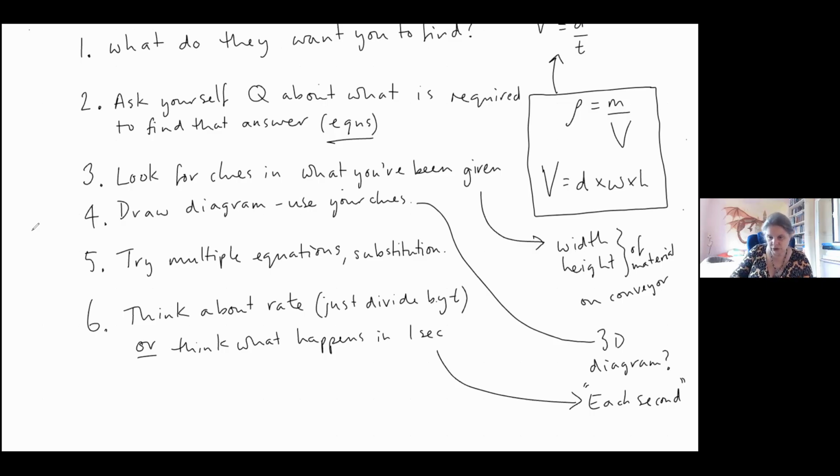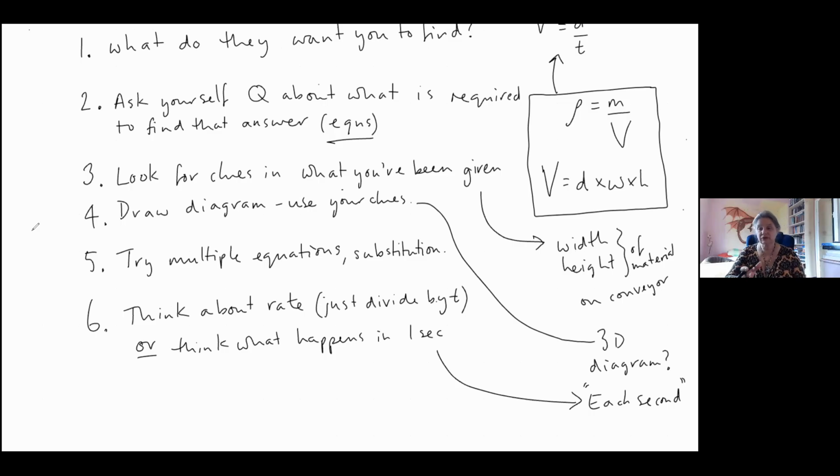If you can't do something, it might be that it's rate. If you've just got energy, like in the photon question before, and they wanted to know photons arriving per second, suddenly it's energy per second. Now I'm thinking power. So these are the steps.